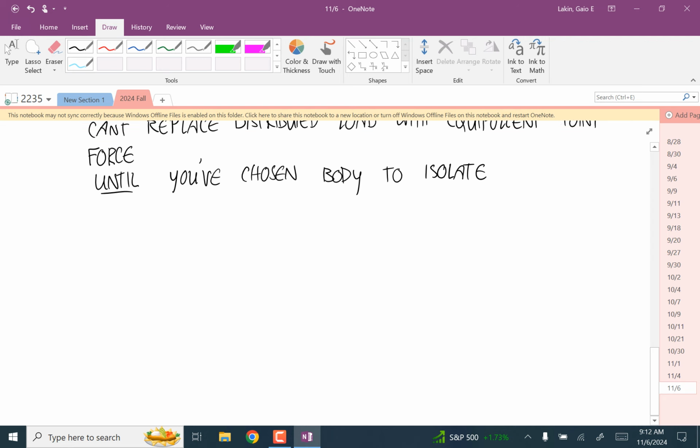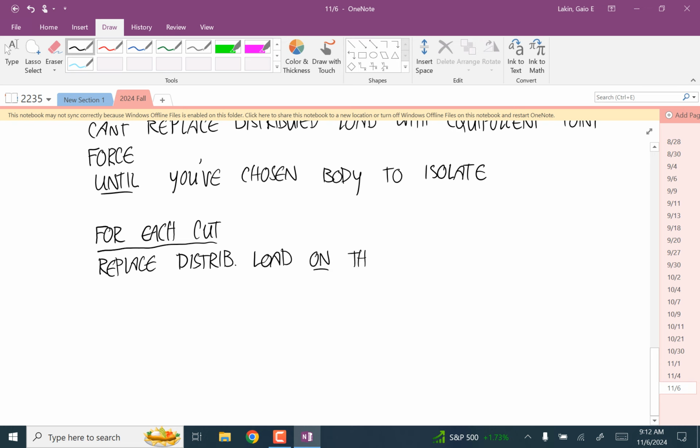What we're going to do instead is, for each cut, replace the distributed load on that cut with an equipollent point force.